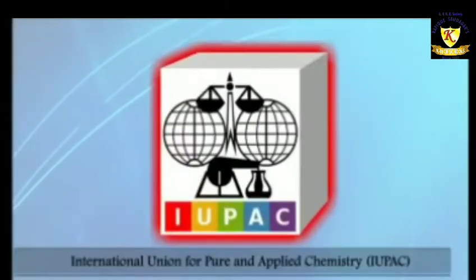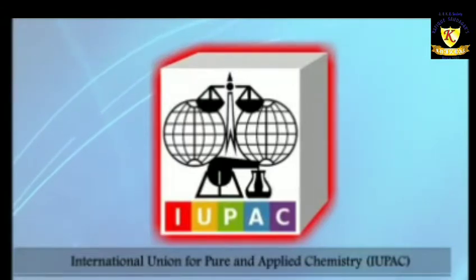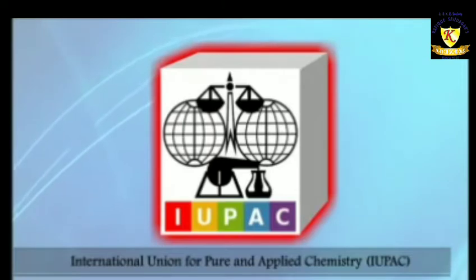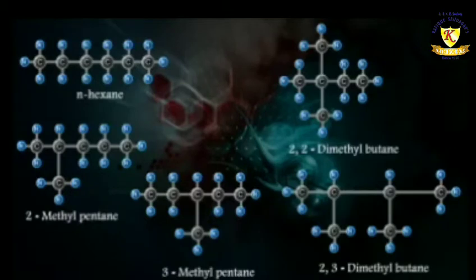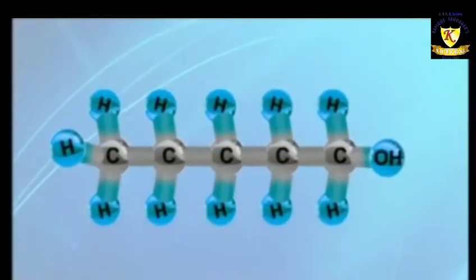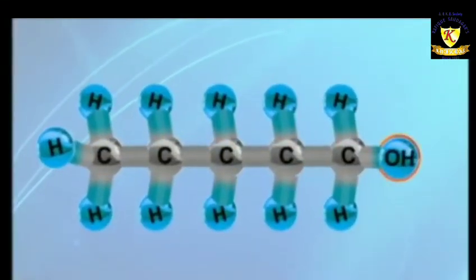The International Union of Pure and Applied Chemistry put forth a nomenclature system based on the structure of the compounds, and it was accepted all over the world. There is a provision in this system for giving a unique name to all carbon compounds. Let us see how some straight chain compounds containing one functional group are given IUPAC names, and let us also see their common names.